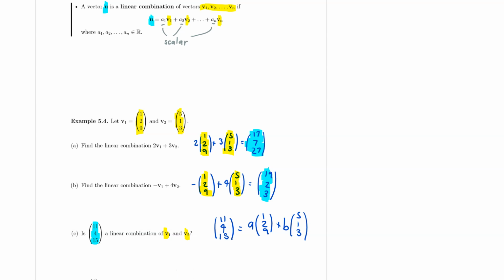So if I can solve this equation, if I can find a and b that satisfy it, so I can make something times the yellow guy equal the blue guy, then I get that (11, 4, 15) is a linear combination of v1 and v2. So now it's just a matter of solving this equation.